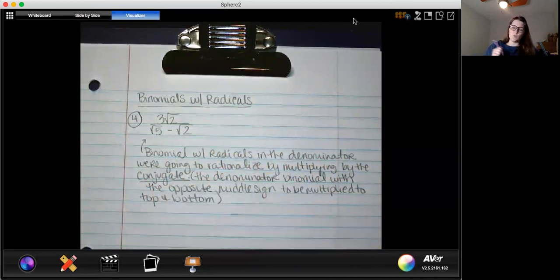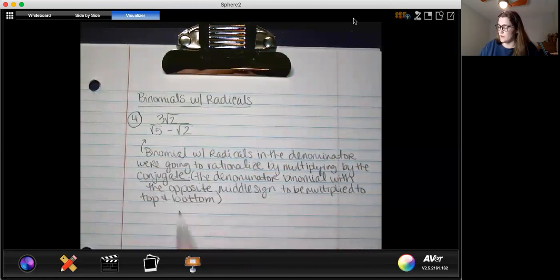Okay. So when we multiplied and we had a single radical, we would just multiply by that radical. But now we have two radicals and it cannot be combined. So therefore we need to multiply by the conjugate. Now again, the conjugate is the denominator binomial with the opposite middle sign, to be multiplied on top and bottom.